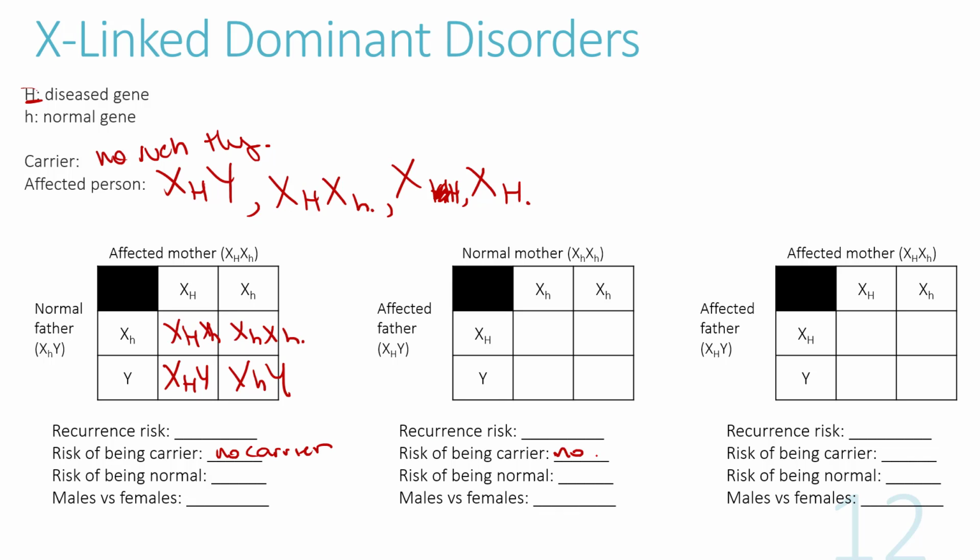I'm going to write it all, no carriers, because you're either affected or you're not. And I'm going to do all of it. So you've got a second instance where you have a normal mother and an affected father. And then you've got affected mother and affected father.